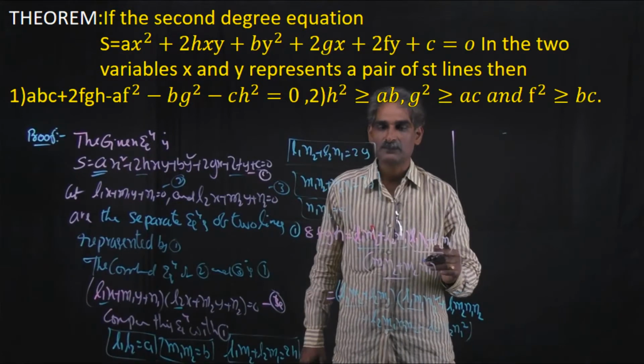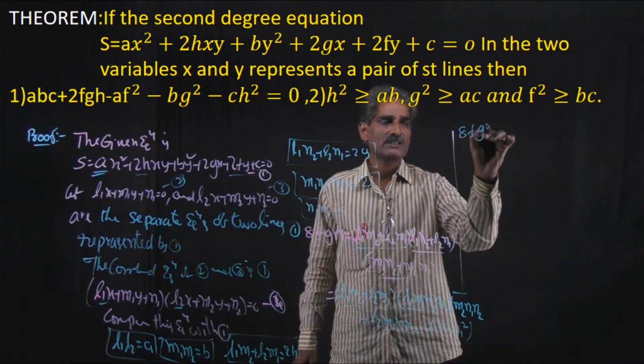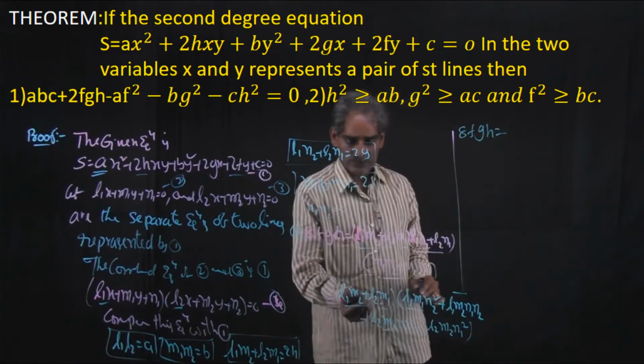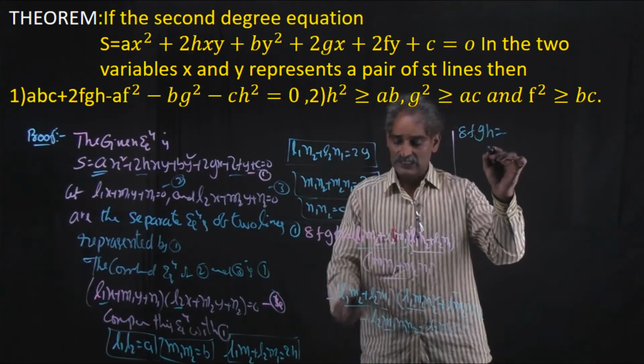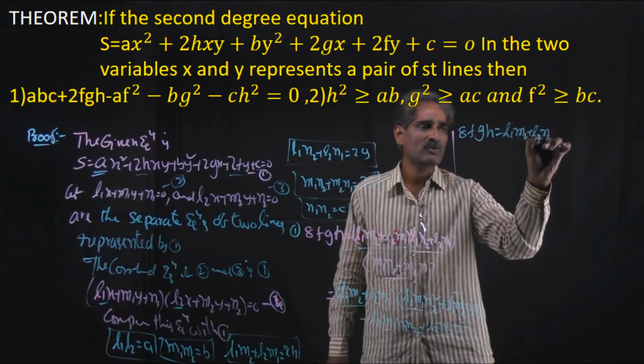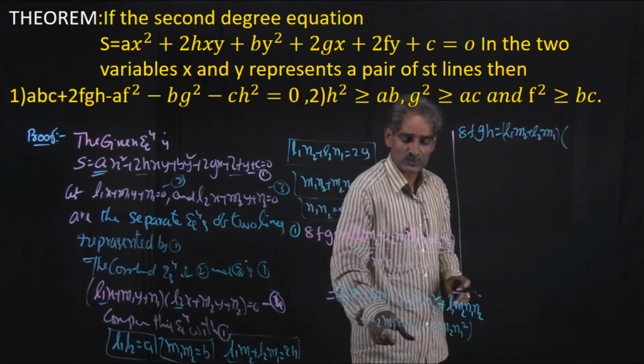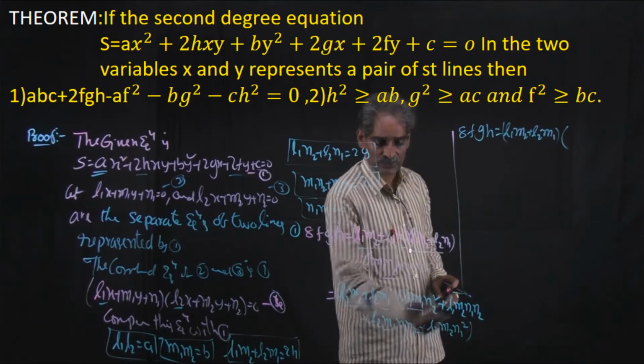Right. Now 8FGH is equal to, there is no change in the first term, L1 M2 plus L2 M1 into, just observe these two terms. Now there is a common N1 N2 in these two terms.